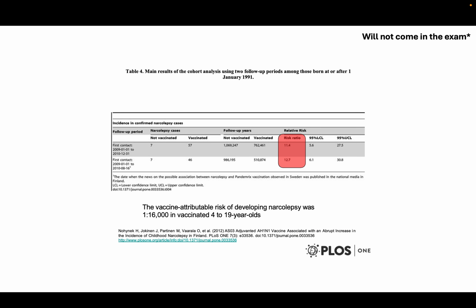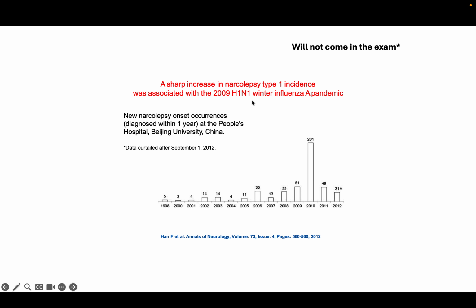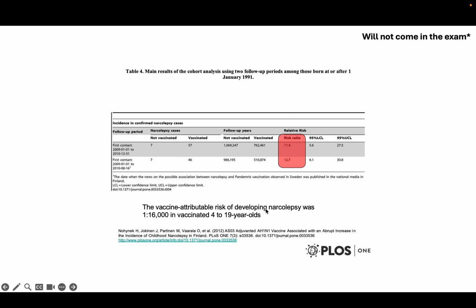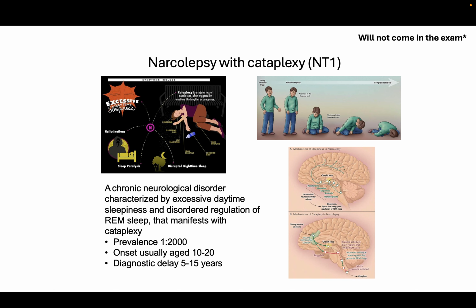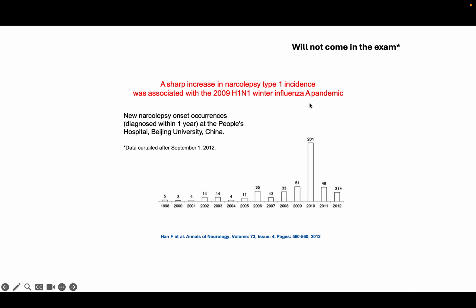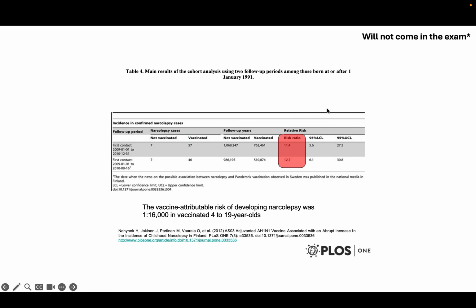So they saw that people who had the 2009 influenza have this disease. But they also saw that certain kids who were vaccinated with the H1N1 influenza A vaccine had not a huge, but an increased incidence of narcolepsy.